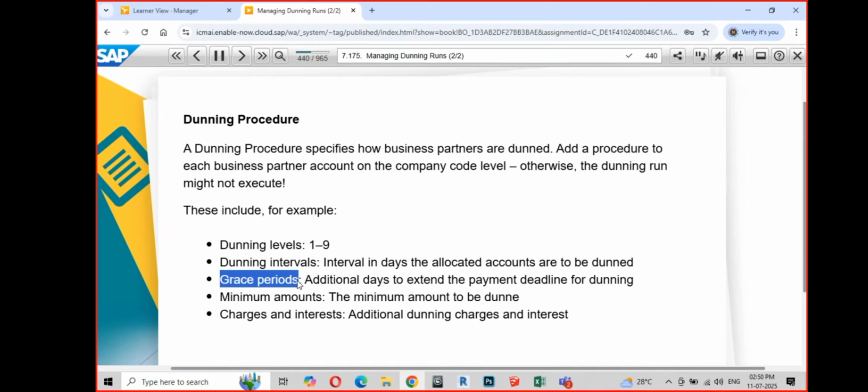So Measures A Limited should have accumulated at least an outstanding of 1 lakh rupees, so that the system would pick him up for dunning. If it is less than 1 lakh, the system doesn't even pick him up. Clear?